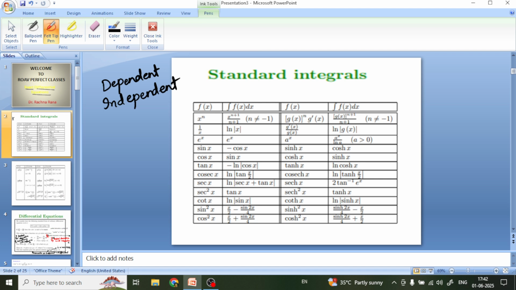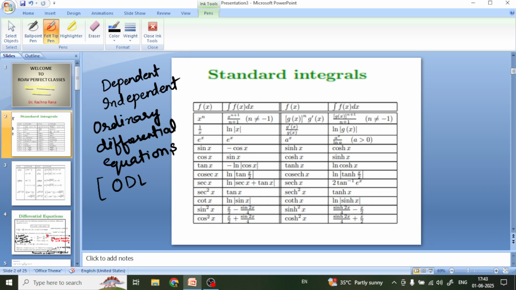There are two types of differential equations. The first is ordinary differential equations, known in short as ODEs.